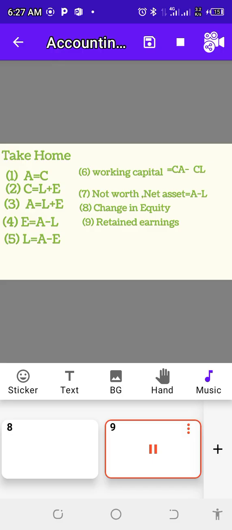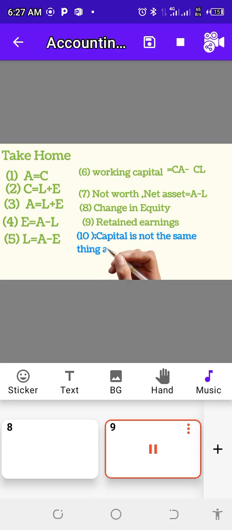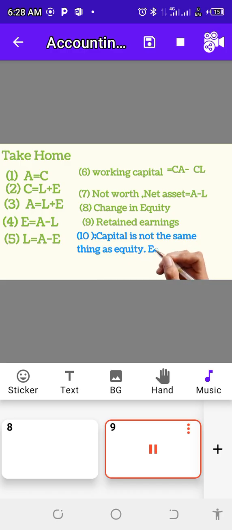As you can discover in the above explanation, equity is the subset of capital, while capital is the universal set. All the components of equity are components of capital, but not all the components of capital are components of equity.